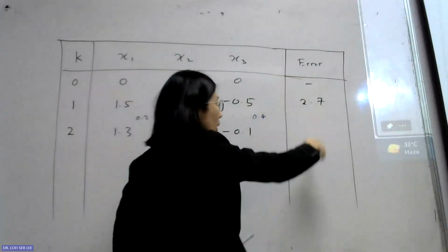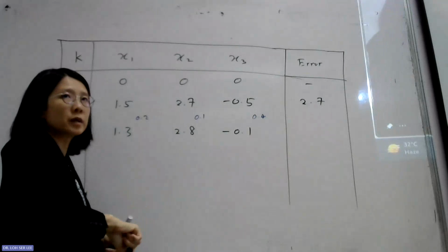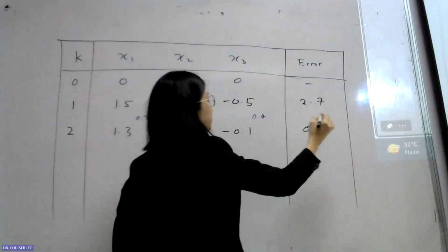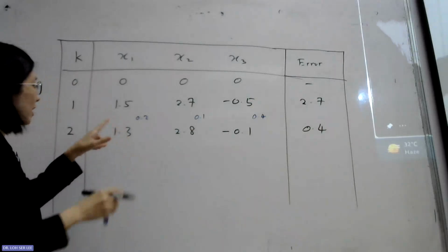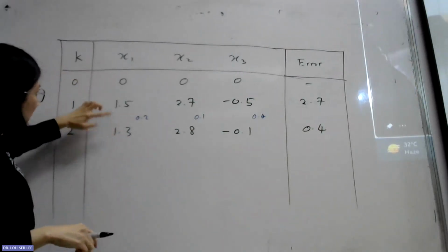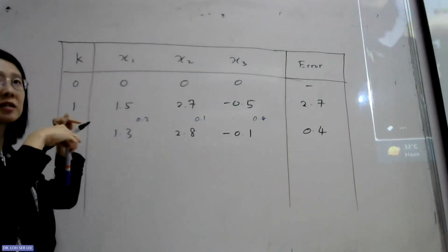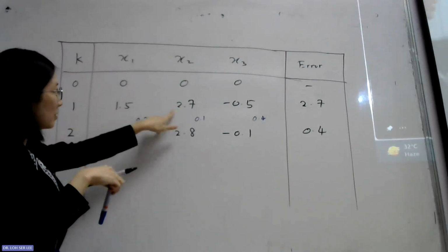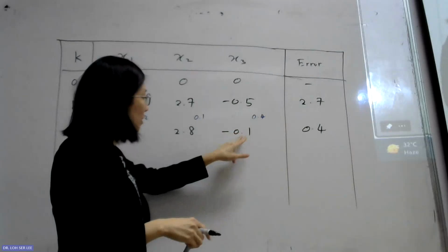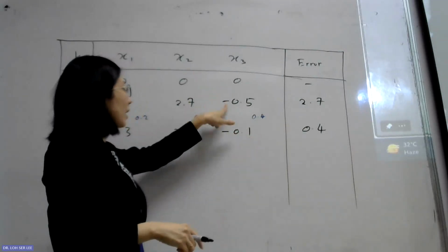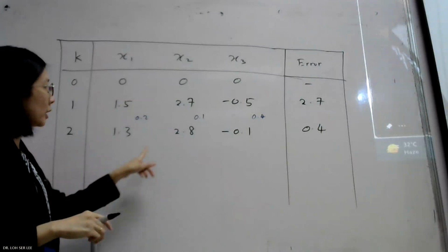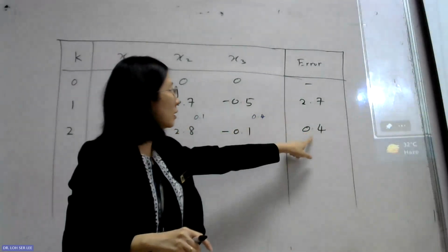Your error must be all positive values. Remember, your error will always be a positive value, because what we take is just the modulus. This one minus this, we take the modulus, and negative 0.1 minus negative 0.5, then we take the magnitude. So the largest one, we put it here.